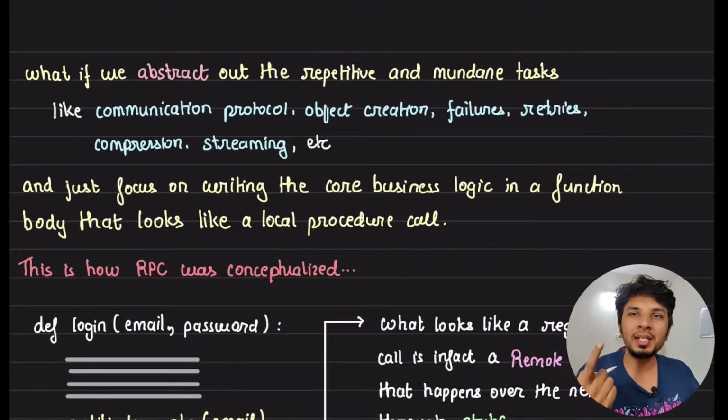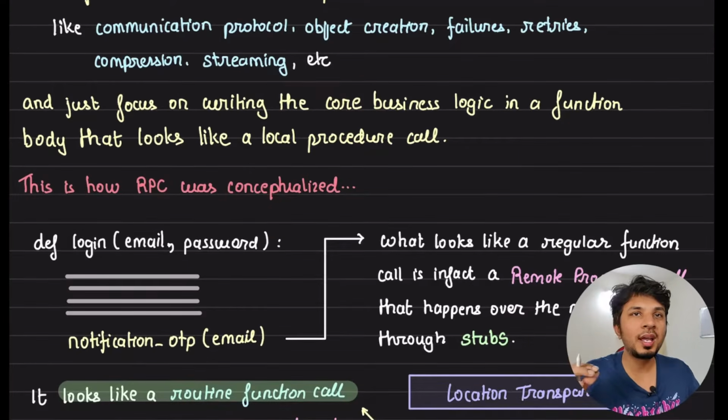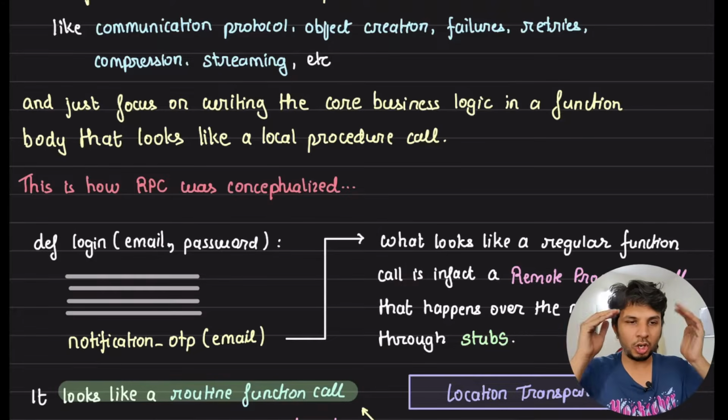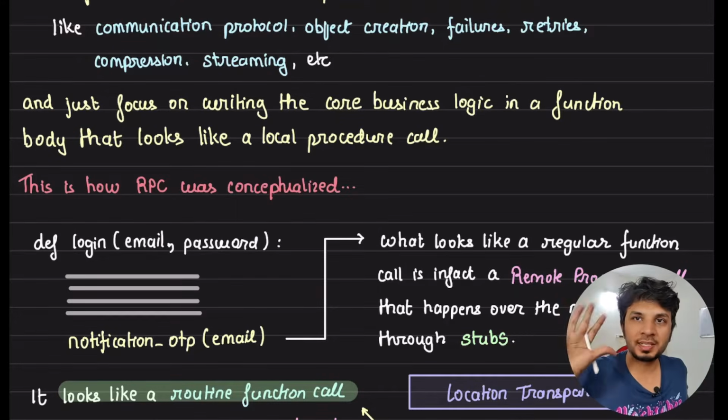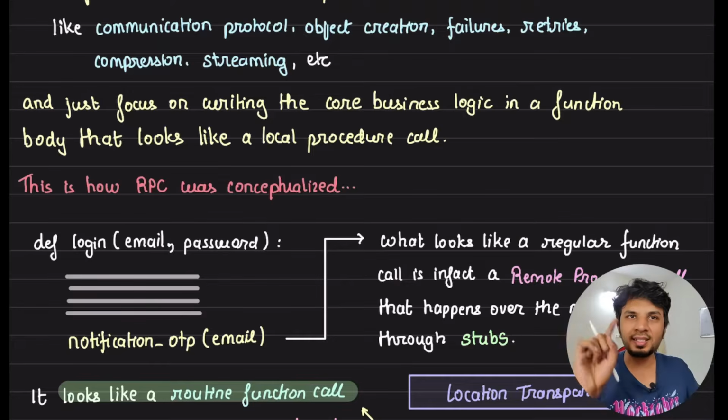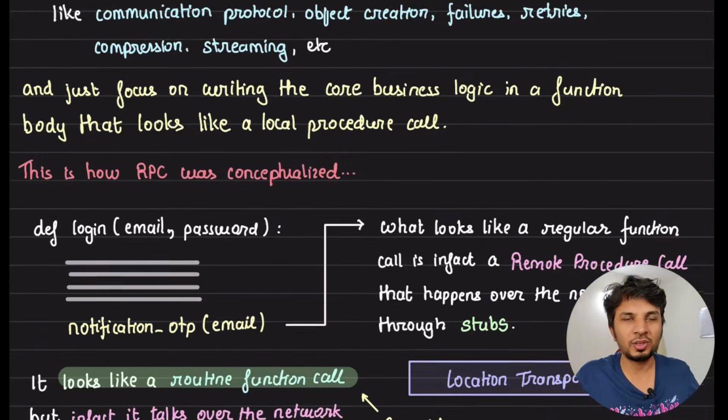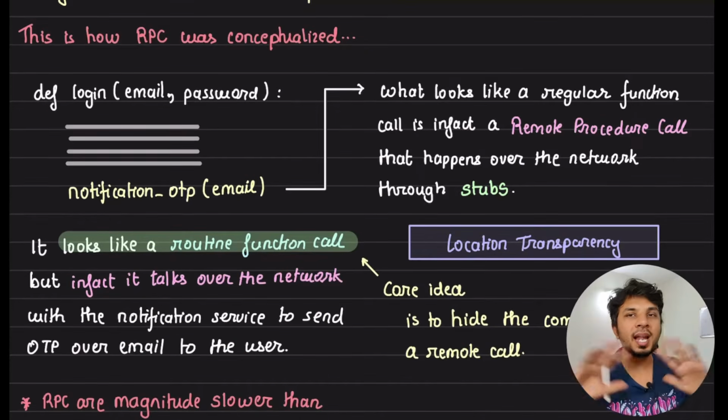Why can't there be one solution that abstracts these things out and lets us, the developers, focus on writing the actual business logic? This is how RPC was conceptualized. So RPC is the way to standardize the communication between services, no matter which language you are using, no matter how you are invoking, what your ecosystem is, it's all uniform, right?